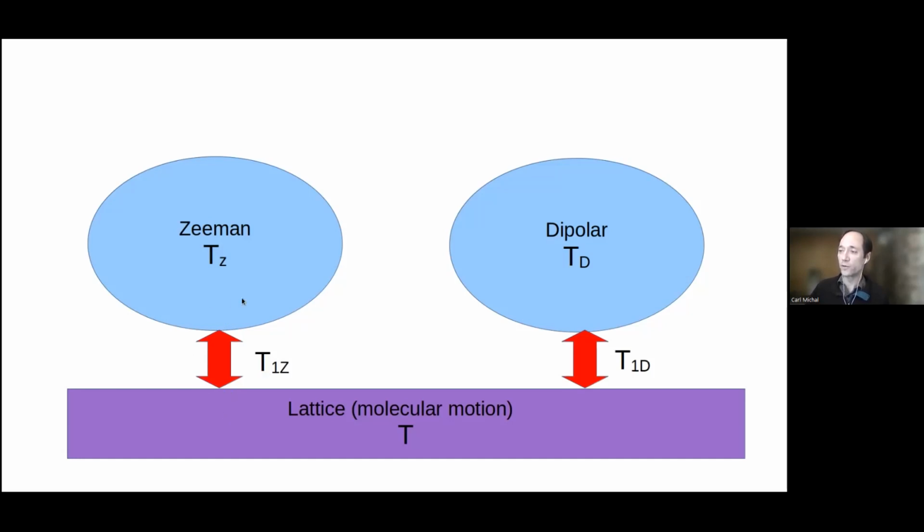For the Zeeman reservoir, it's T1, and I'm going to call it T1Z to be specific to the Zeeman reservoir. But there's also a T1D, this dipolar T1, which tells you how long it takes for this dipolar reservoir to come into thermal equilibrium with the lattice. And these two different T1s may be similar or they may be quite different depending on what the molecular dynamics look like in the system.